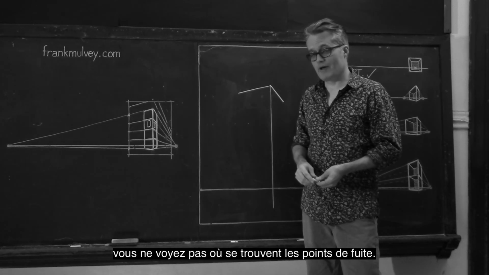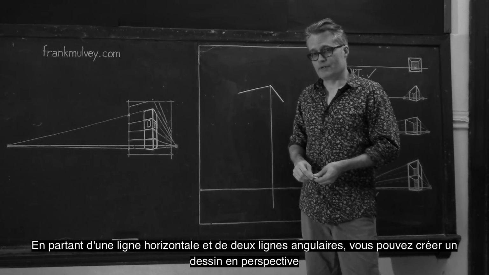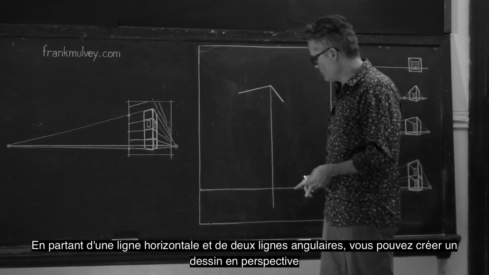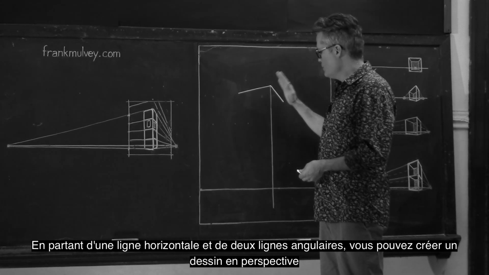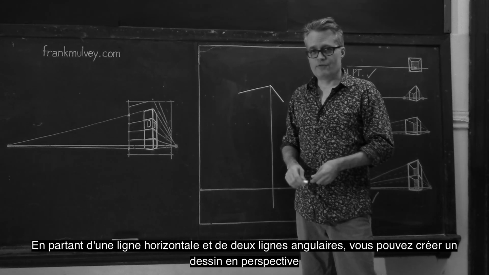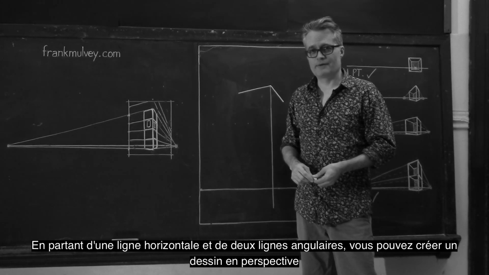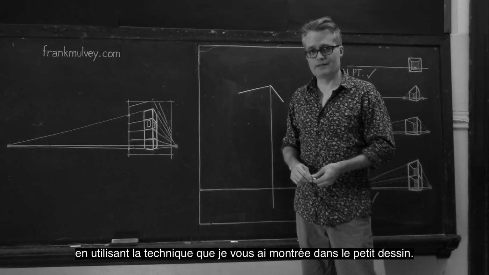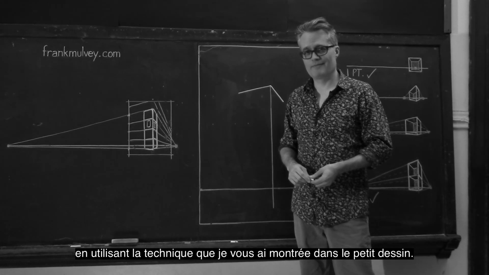You don't see where the vanishing points are, but from the point of departure of a horizontal line and two well-judged angles of edges, the rest you can generate with this technique that I showed you in the small example.